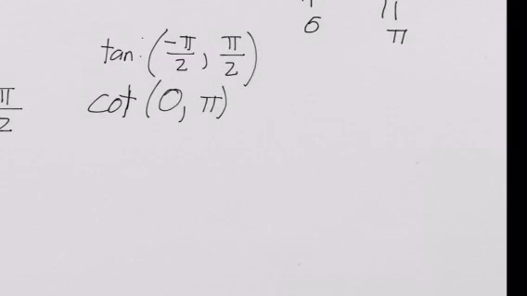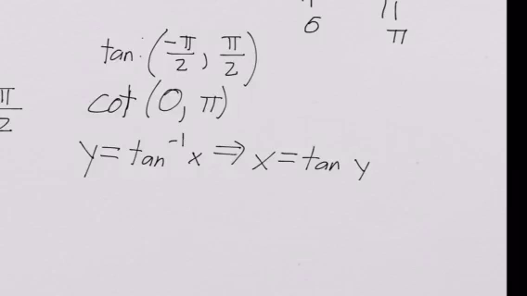So from this, just like we did with sine and cosine, we can define y equals the inverse tangent of x. And again, we could use arctangent here. That's going to imply x is equal to the tangent of y, and negative pi over 2 is less than y is less than pi over 2.